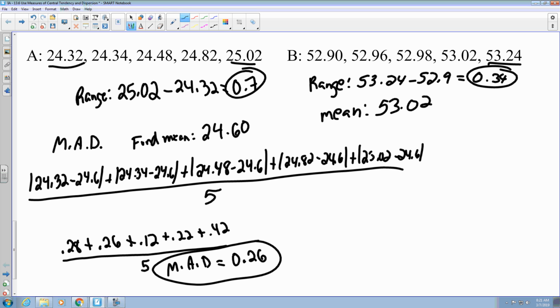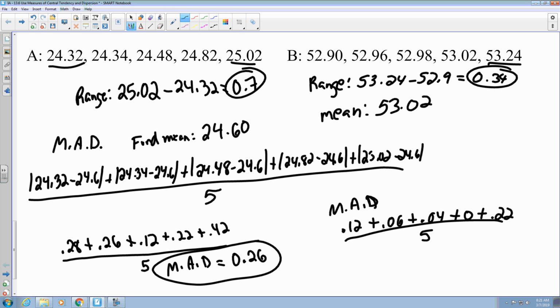Okay, so now when you subtract the mean from each value in the data set, taking the absolute value, we get 0.12 for the first one, plus 0.06 for the second, plus 0.04 for the third, plus 0, plus 0.22.